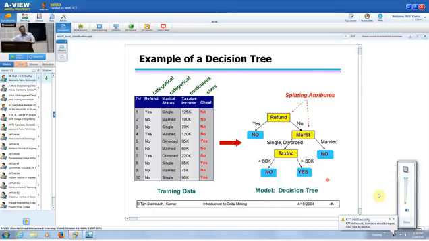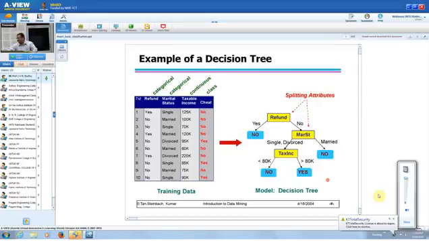If he is married, he is not a cheat. If he is not married, that means he is single or divorced. So the question there should be, is he married or not? Married doesn't mean either single or divorced.